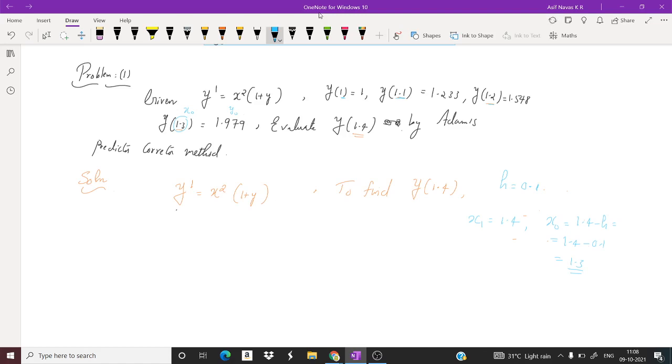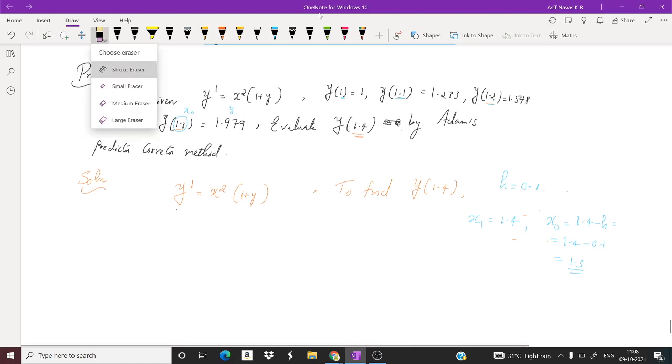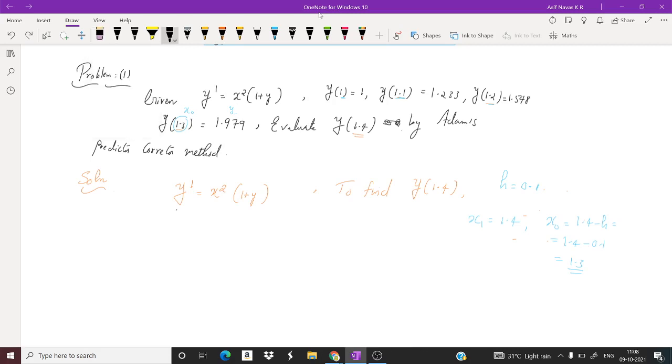Now first we will find y minus 3 and the other values.